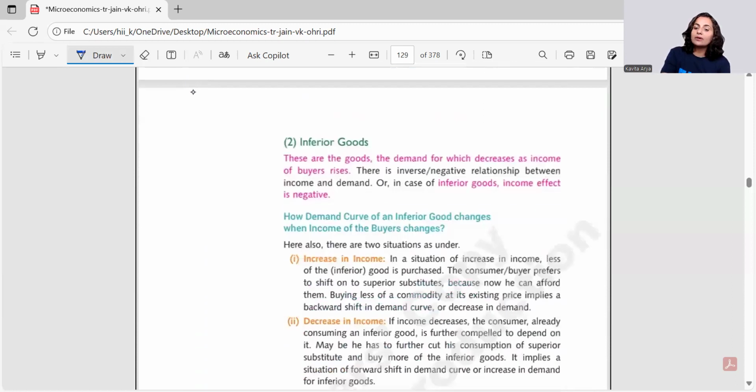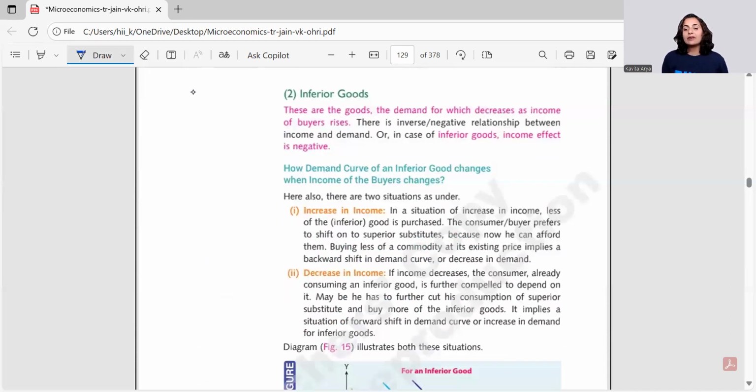But when we talk about inferior goods, they have a negative income effect. Inferior goods we are using because maybe it's a compromise and we can't afford the normal good. Now that the income is increased, what would we do? We will switch from inferior to normal. So with rise in the income, the quantity demanded of inferior goods would fall.